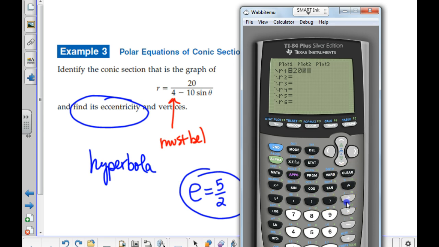If you want to see the graph, now, did it do something crazy when you put it in?